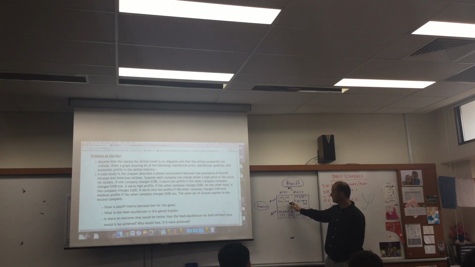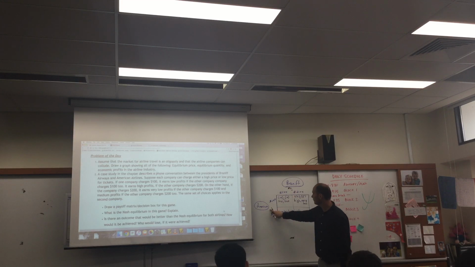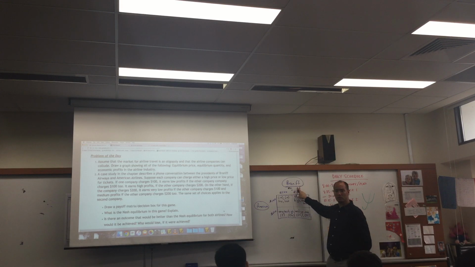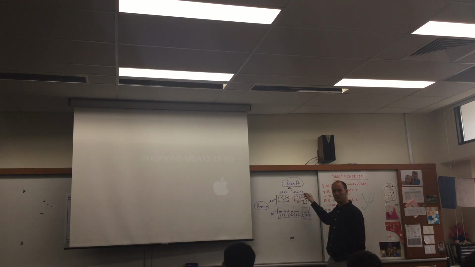I put my own numbers in here just so I can make it clear to you. I'm saying that if American charges $100 and Braniff charges $100, then American makes a $10 profit and Braniff makes a $10 profit. These numbers are called payoffs.